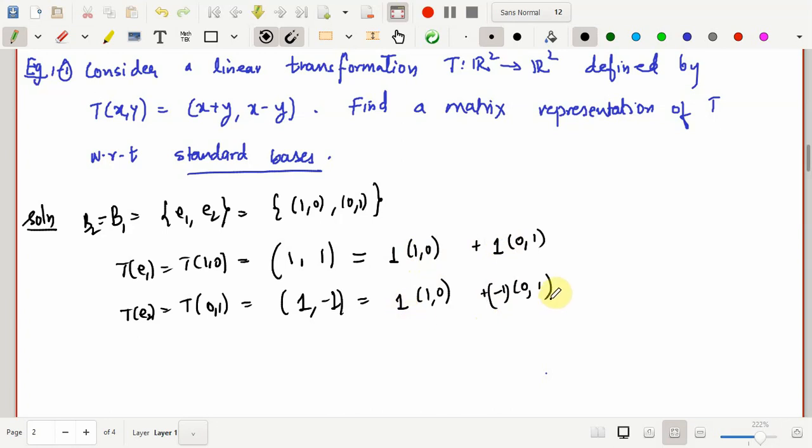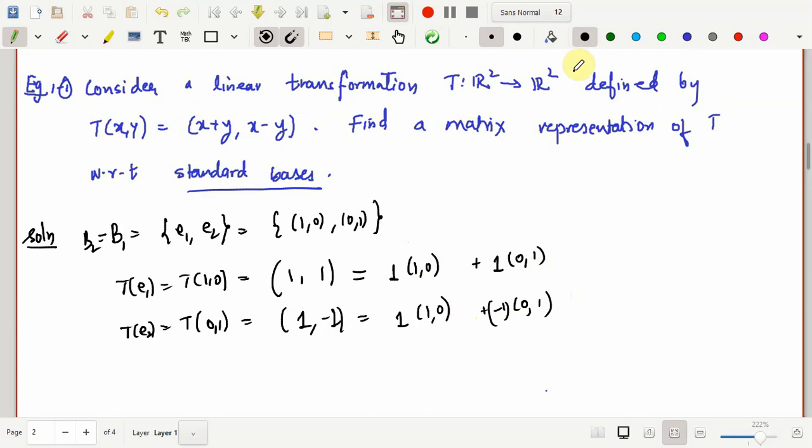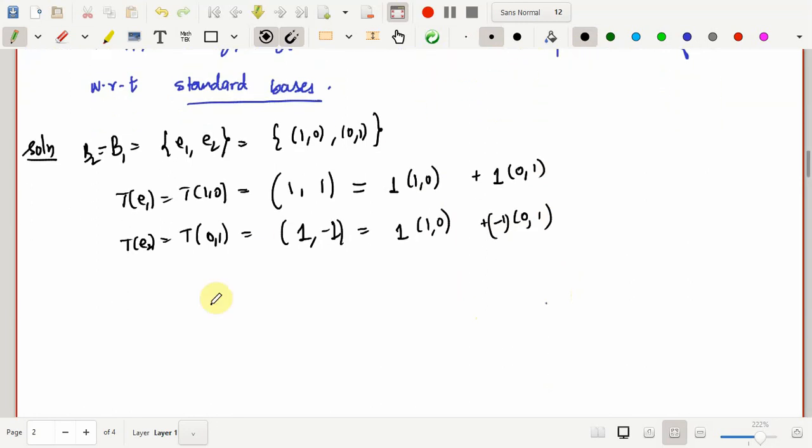So the resultant matrix, anyway, you can find out the size of the matrix from here. The resultant matrix should have the size 2 cross 2. Therefore T, now when b1 and b2 are the same, we can also represent T in this way, with respect to b1, as the matrix.